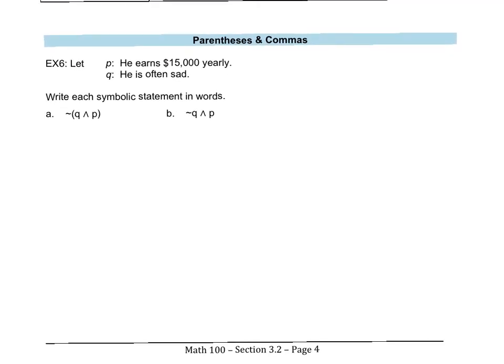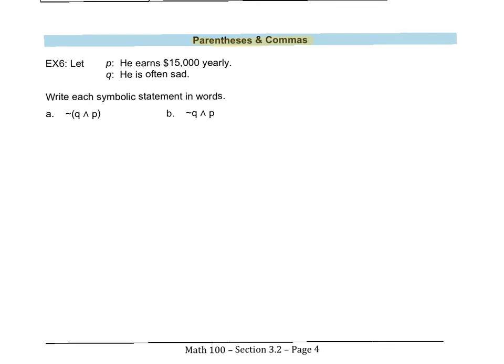The next thing we're going to talk about is parentheses and commas. Some of our statements, especially our compound statements, can get very long. So oftentimes we'll use commas to break up our statement in words. And then oftentimes that will translate symbolically to parentheses.